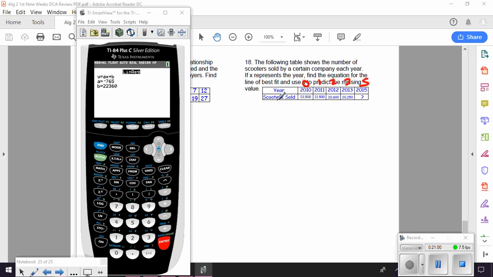So a is equal to negative 765 and b is equal to 22,360. So when I write the equation, it would say y is equal to negative 765x plus 22,360.